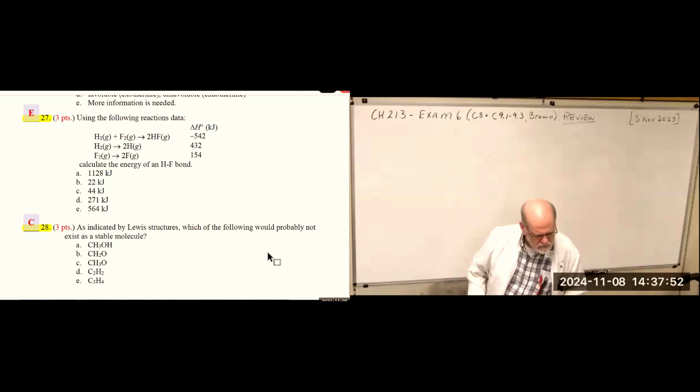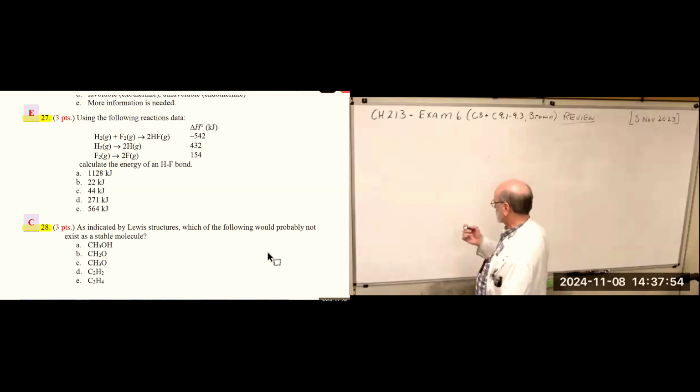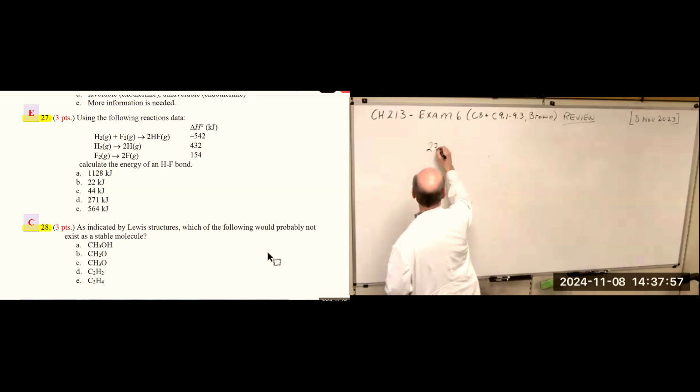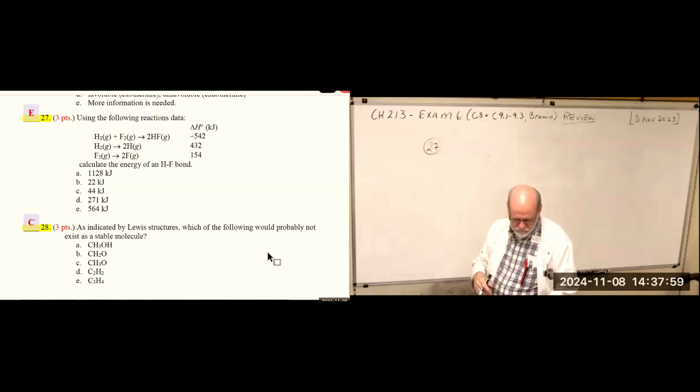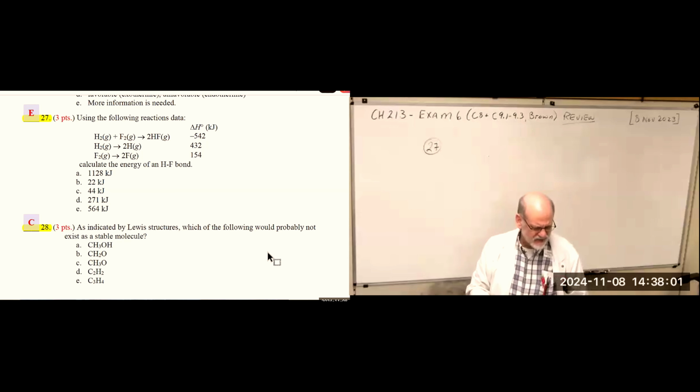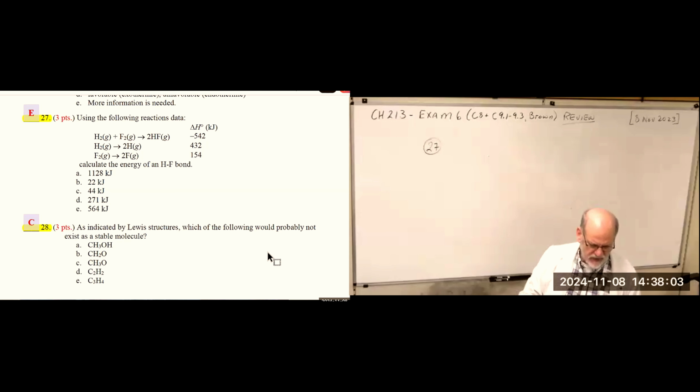All right. Let's see, 27. Using the following reaction data, calculate the energy of the HF bond. The energy of the HF bond is the lattice energy.